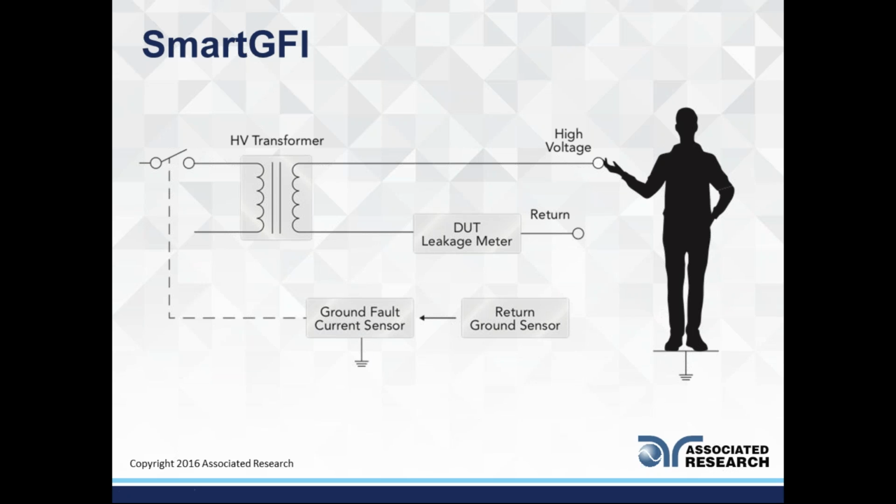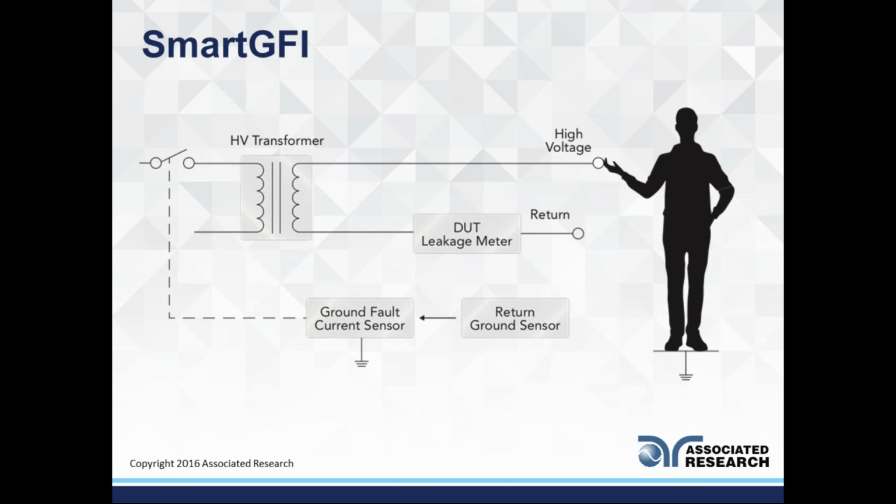So your GFI is on by default when you get your instrument right out of the box. Now, a lot of people do turn it off because they just know that their products are naturally leaky. There are just other paths on your DUT or on your product where leakage current might flow. So GFI might just hinder your testing because you're constantly going to get a GFI fault where you can't complete a test.